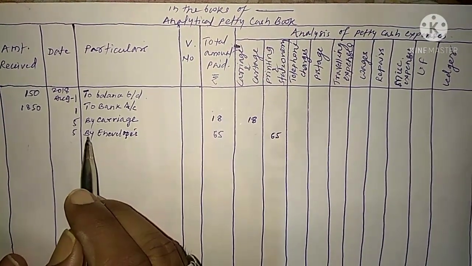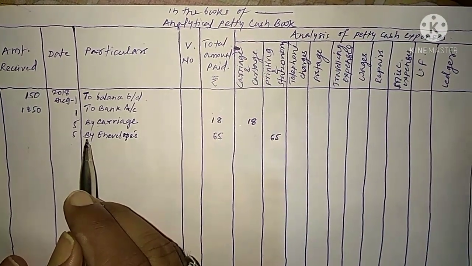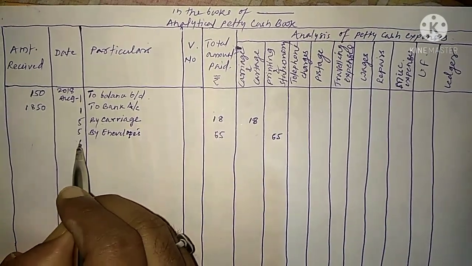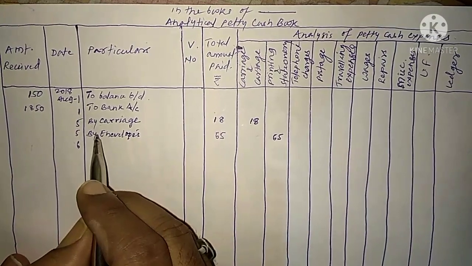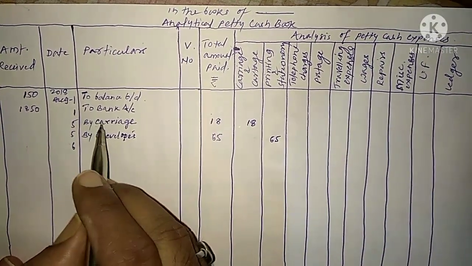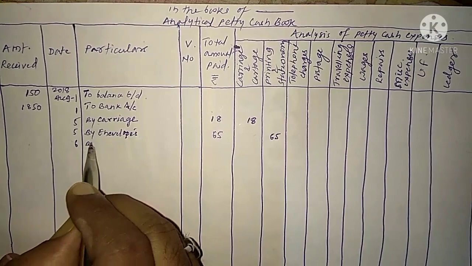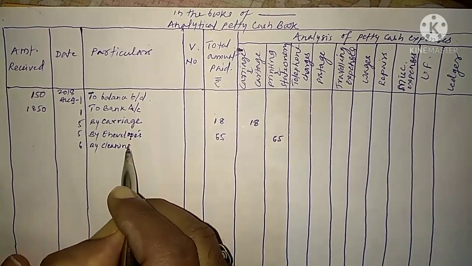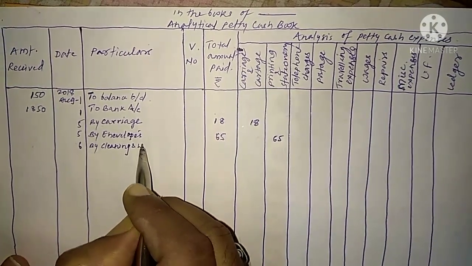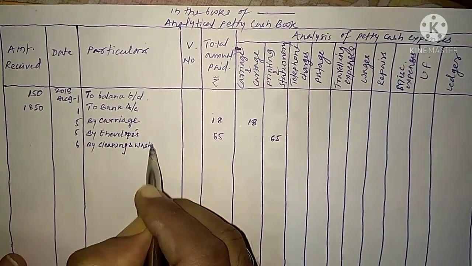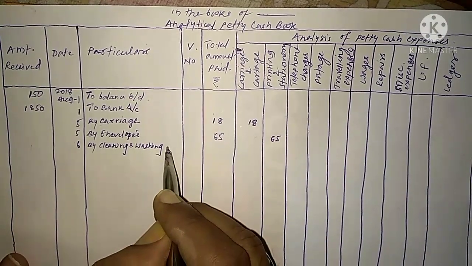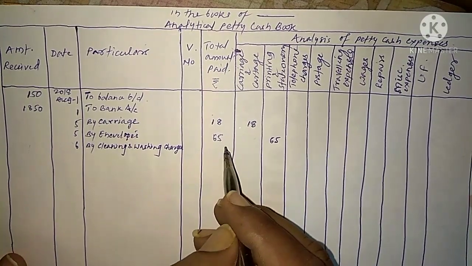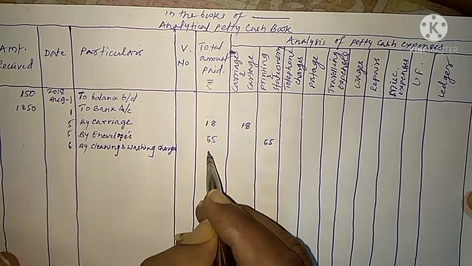Then on 6th August, paid for cleaning and washing charges. So here we have to write the date. Then again, by cleaning and washing charges. The amount is 80 rupees.